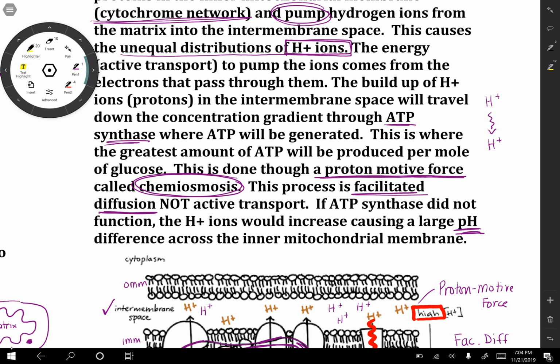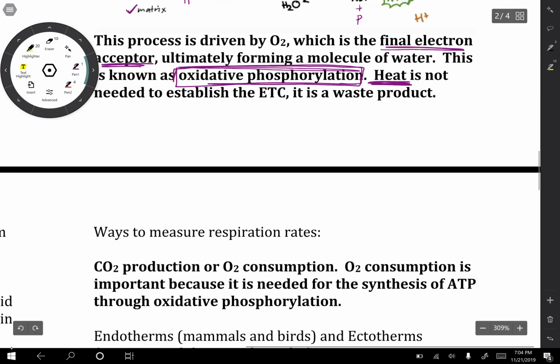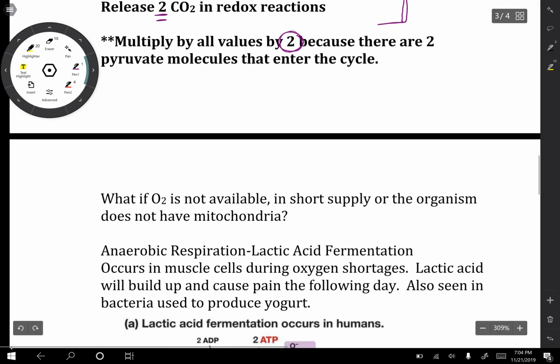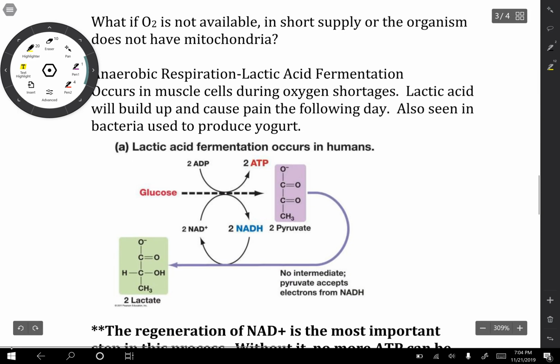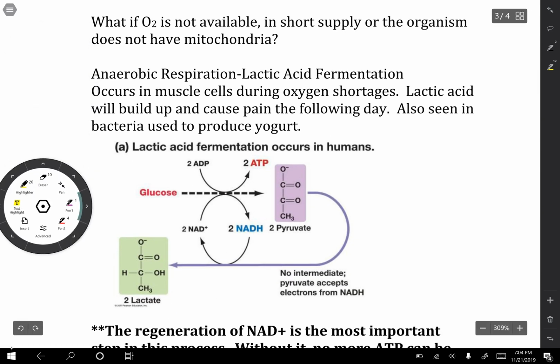And once again, hydrogens and pH are pretty much related. So that is glycolysis, that is the Krebs cycle, that is the electron transport chain. So we covered a lot of aerobic respiration material. Now let's move our story to anaerobic. This is where things are going to get a little bit tricky, so let's take our time here.